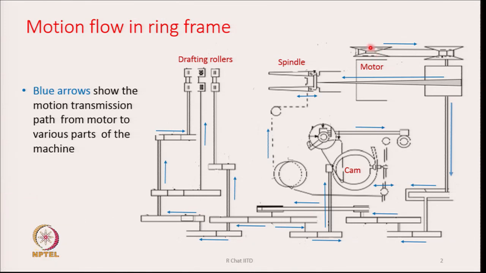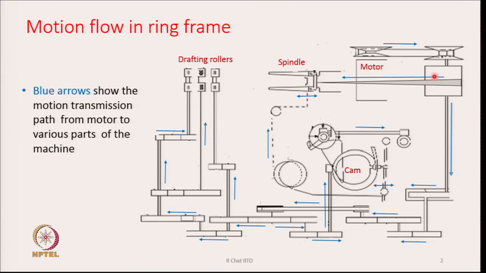The motor is driving the machine pulley, and the arrow shows the flow of motion from motor to the pulley. From the machine pulley, if you trace it, there is a jockey pulley, and from the jockey pulley the motion goes through the belt to the spindles of the ring spinning machine.